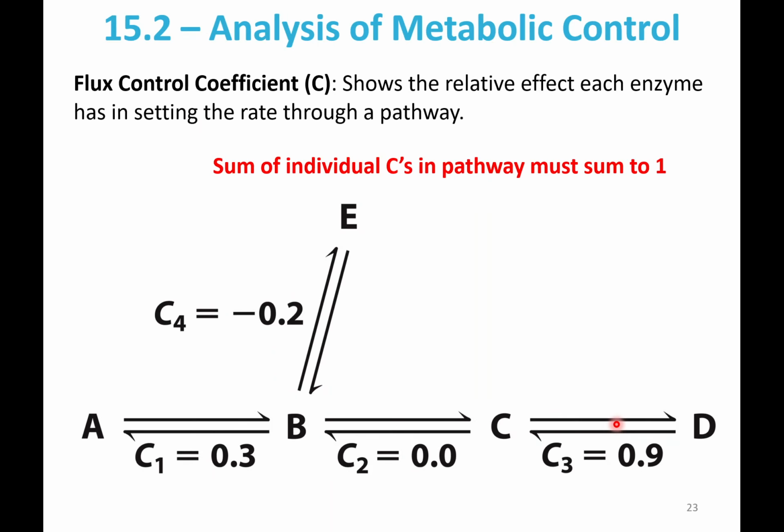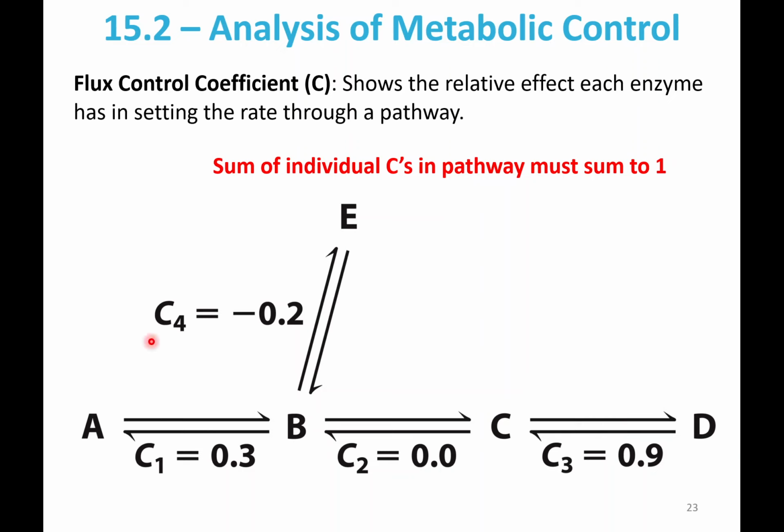Okay. So the second section in chapter 15 talks about a few terms. One of those is called the flux control coefficient. Okay, this shows the relative effect each enzyme has in setting the rate through the pathway.